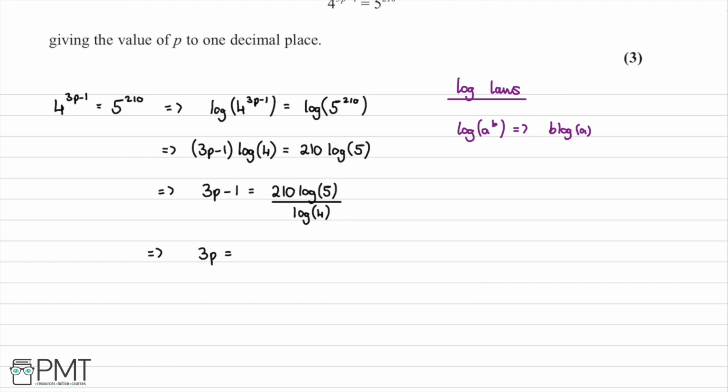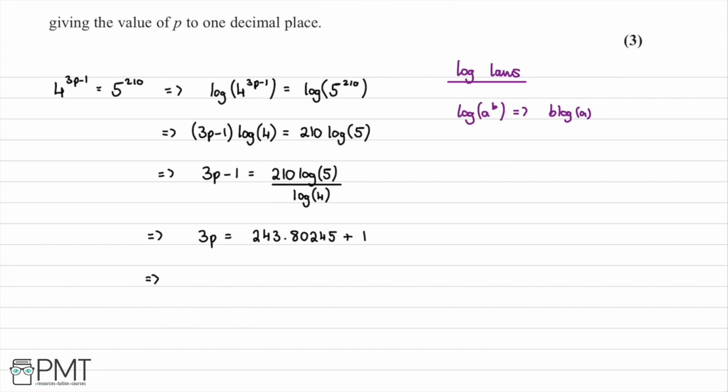But first we're going to put this term into our calculator, and this comes out as 243.80245. Now we want to add 1 to that, and that's going to leave us with 244.80245.